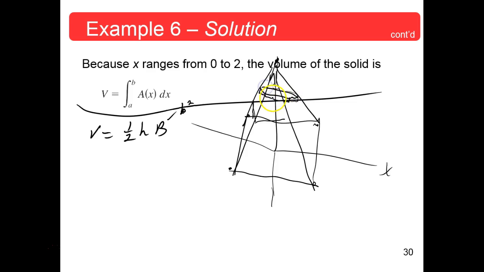That's the one, and the dy is the thickness of that. All those are little squares going up because that square base continues all the way up. Just changes its dimension.